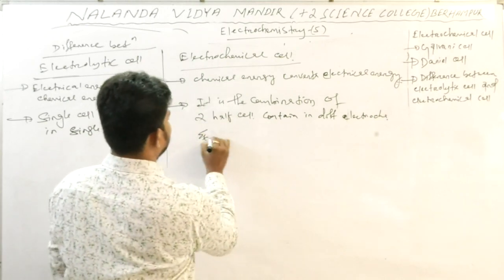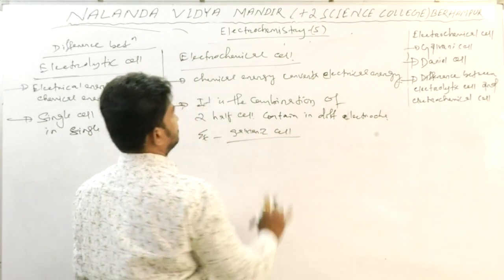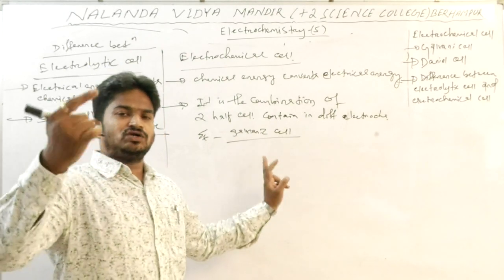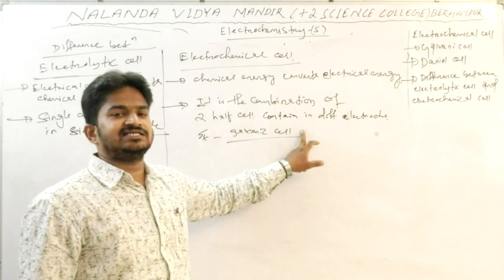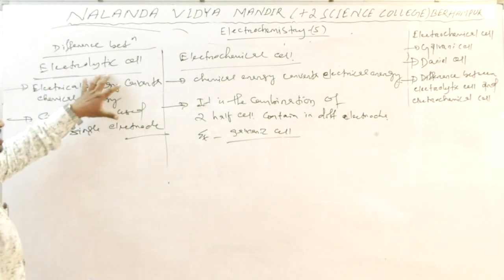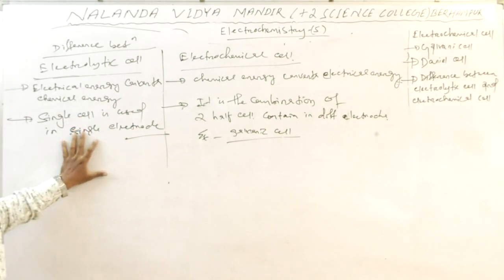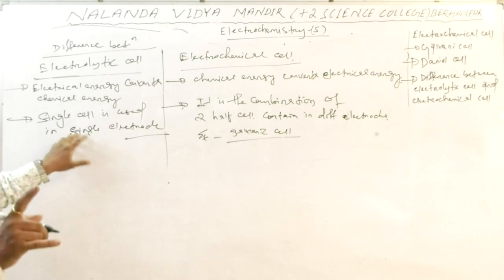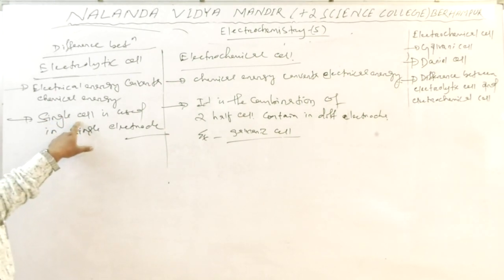Example, the galvanic cell. Here in the case of the galvanic cell, a copper electrode is dipped inside the copper sulfate solution, and a zinc electrode is dipped inside the zinc sulfate solution. But in the case of the electrolytic cell, only a copper electrode is dipped inside the copper sulfate solution. Only one half cell is present.